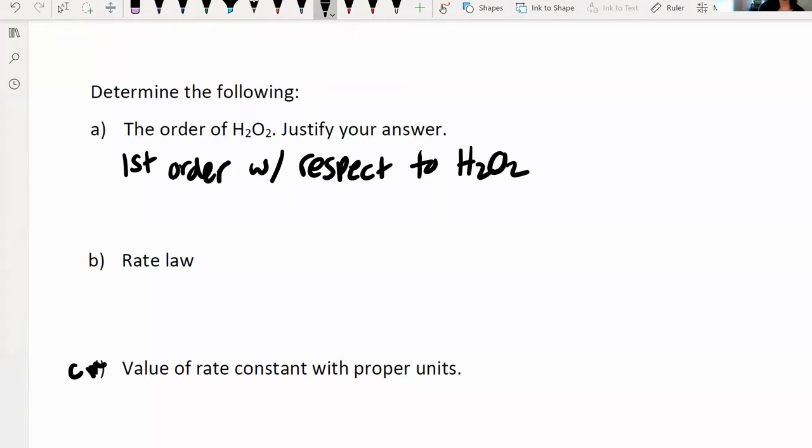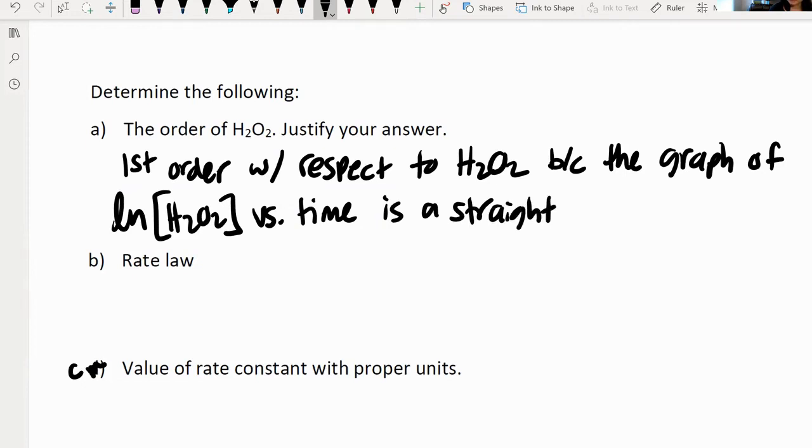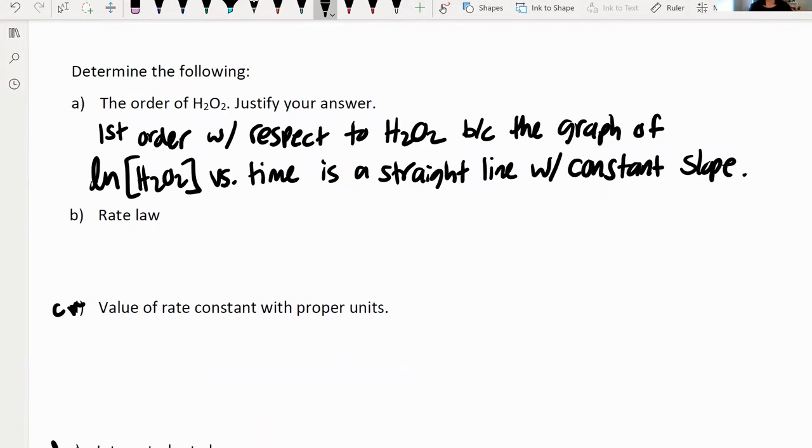I know that this is first order because of the graph, but I need to be a little more specific. I can't just say because the graph. That doesn't mean anything. Because the graph of natural log of the concentration of hydrogen peroxide versus time is a straight line with a constant slope. So there you go, I answered the question. It's first order. How do I know it's first order? The graph of the natural log versus time is straight, has a constant slope.